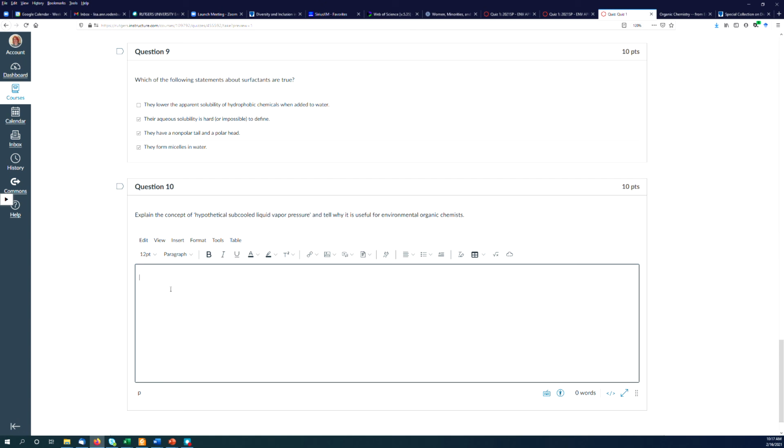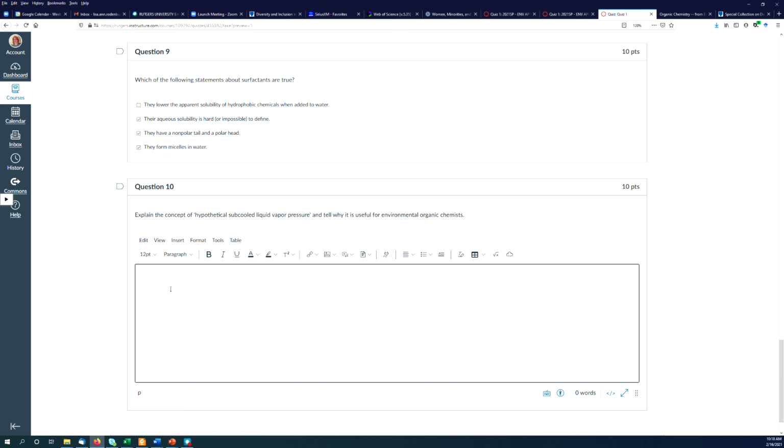That's useful because delta H of fusion, as we have seen, is much more difficult to estimate than delta H of vaporization. So you can pretty accurately estimate this hypothetical subcooled liquid vapor pressure, and you can use it to compare many chemicals with each other, leaving out the idea that some of them might have frozen into solids. That is important because it allows you to make apples to apples comparisons amongst chemicals.